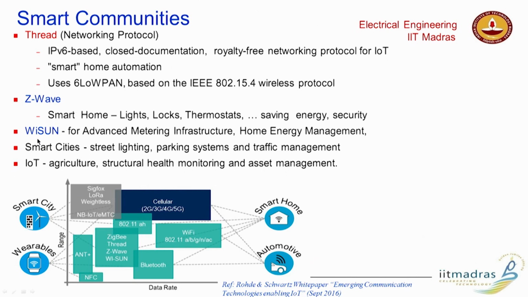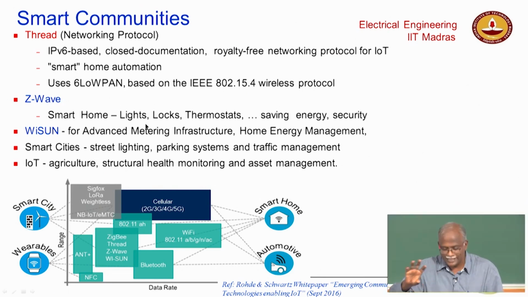The Wireless Smart Utility Network is another standard, with products developed primarily for metering infrastructure, electrical power metering. This smart utility network is also designed for street lighting, parking, and traffic management. So, basically it is designed for large scale deployments. Z-Wave is a technology like Zigbee. It is meant primarily for turning devices on and off, setting locks and things like that, basically for home management.